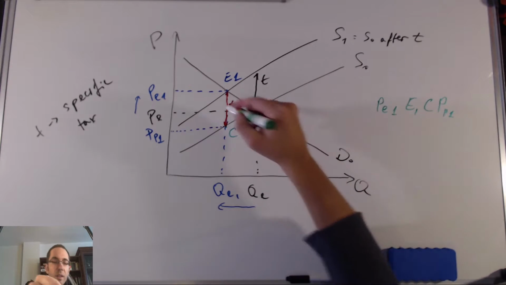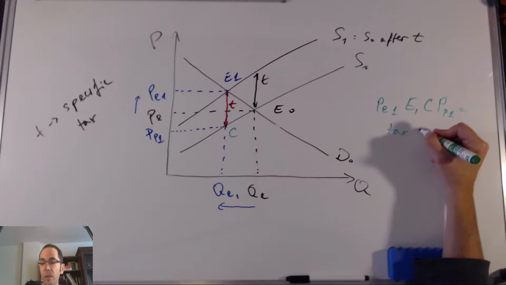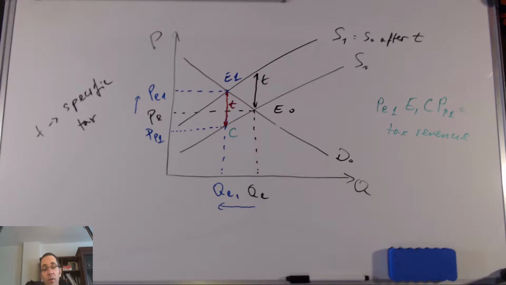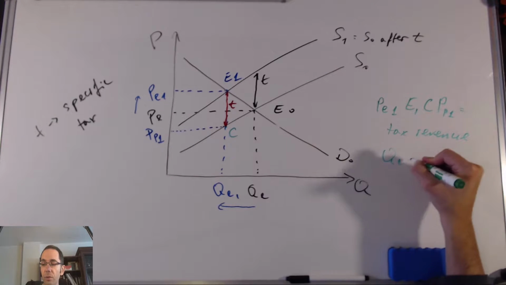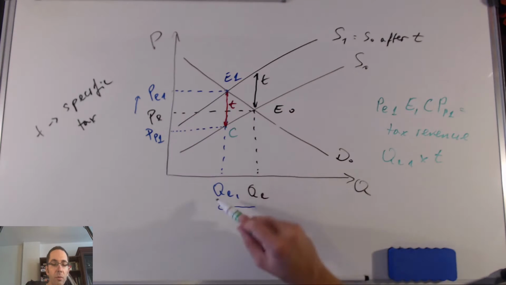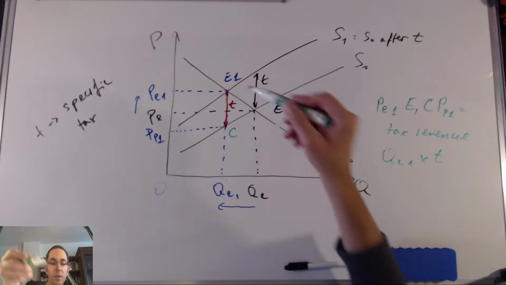Okay, so this rectangle is our tax revenue that the government collects. I already went over this in another lesson, but it's simply this is equal to QE1 times T. It's the area of this rectangle, which is equal to the side, which is from 0 to QE1, times T, the tax.